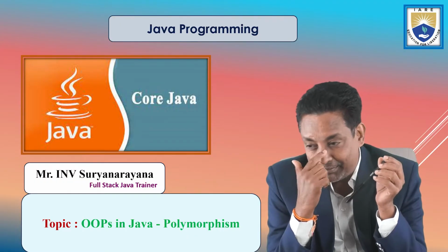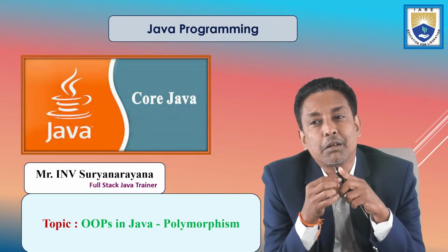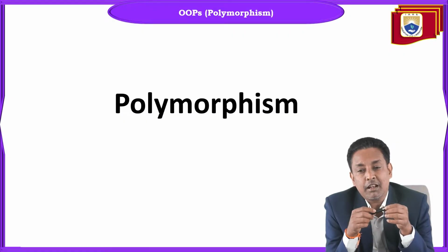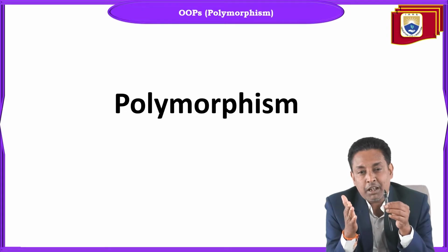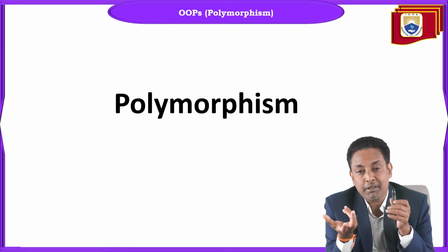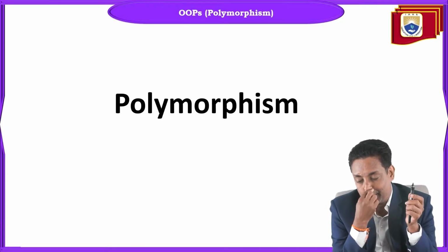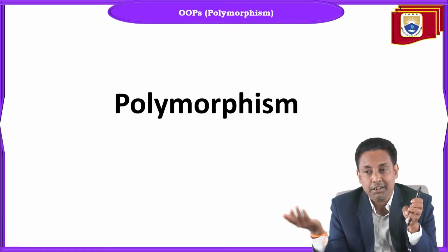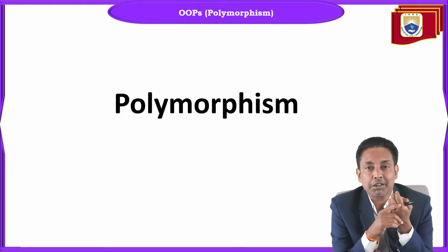So how does this term, many shapes, fit in object-oriented programming? Instead of saying many shapes, it means many ways of implementing a method. And if one method is implemented in many ways, the same abstraction example: admin salary calculation, HR, various other employee salary calculations.